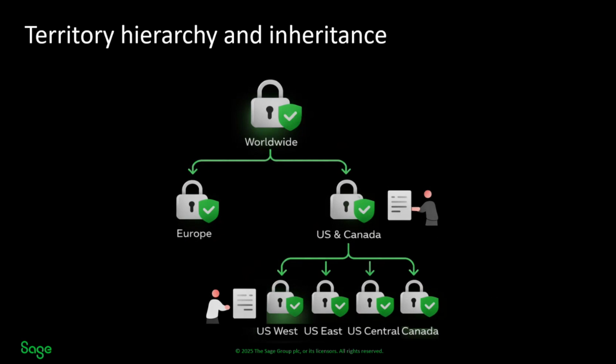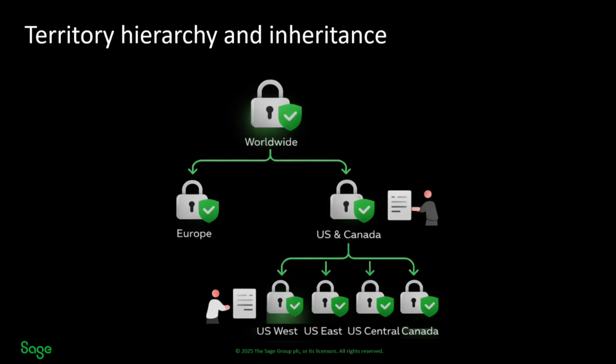And if we think about security territories inside Sage CRM, we can think of them as a hierarchy. And we start with a top level territory. This is very often called the root territory, although a lot of people will call it the worldwide territory, but there's always a root.